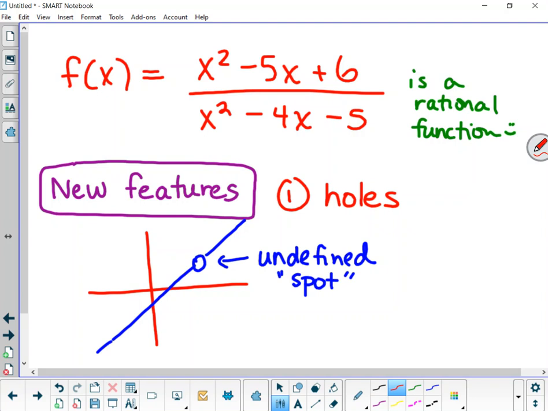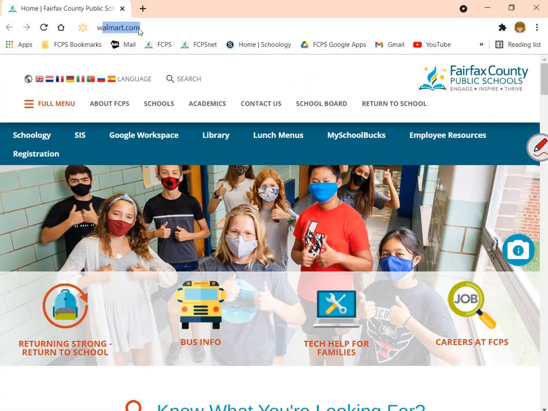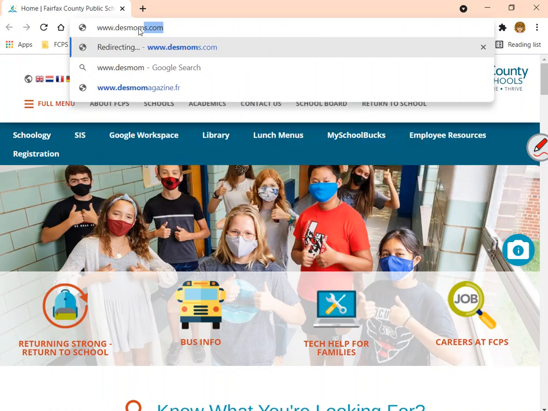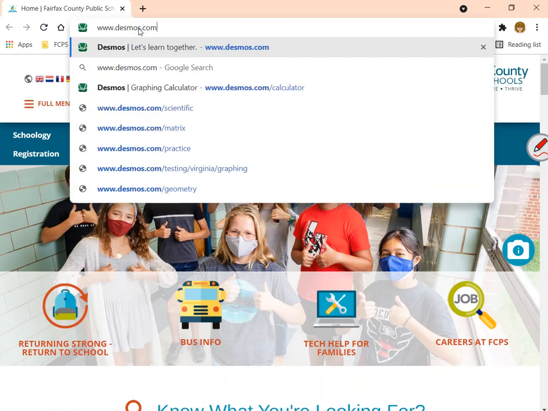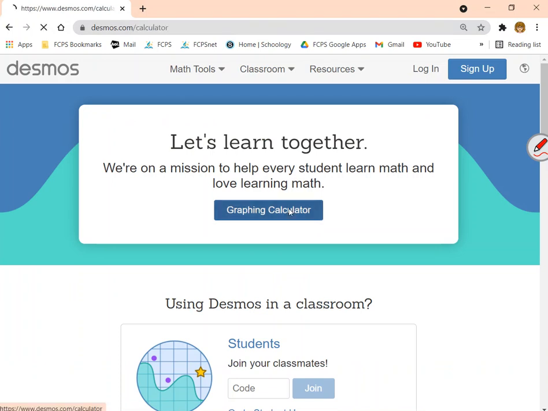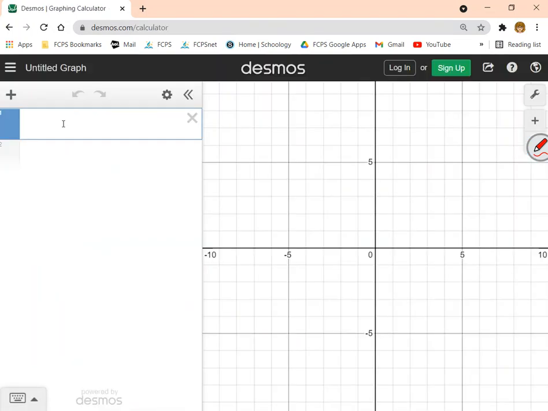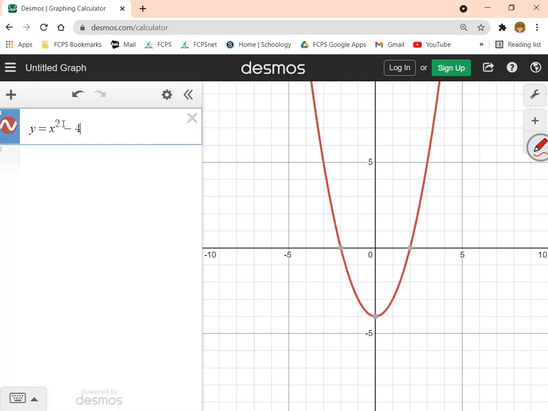If you try to graph, let me show you this, a rational function... Oh, come on, stupid thing.